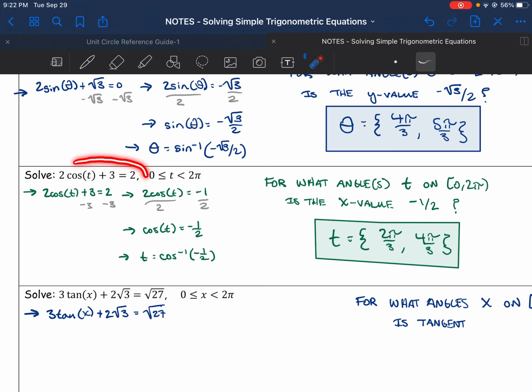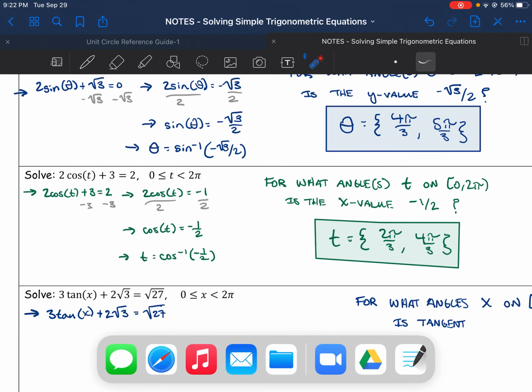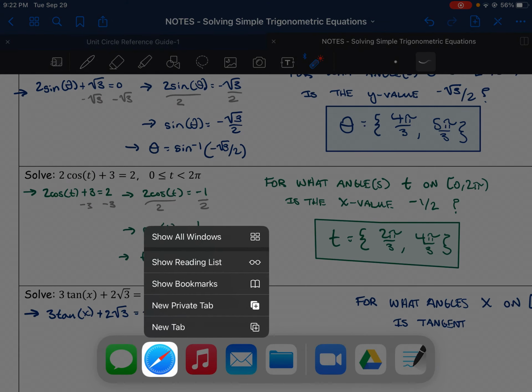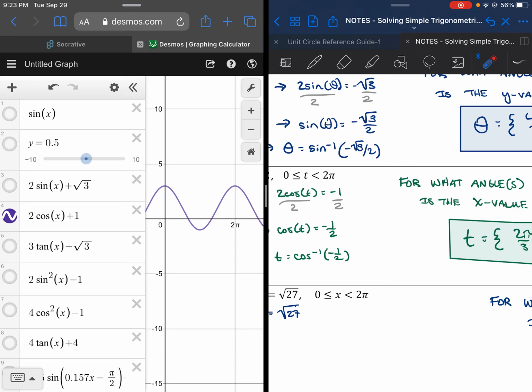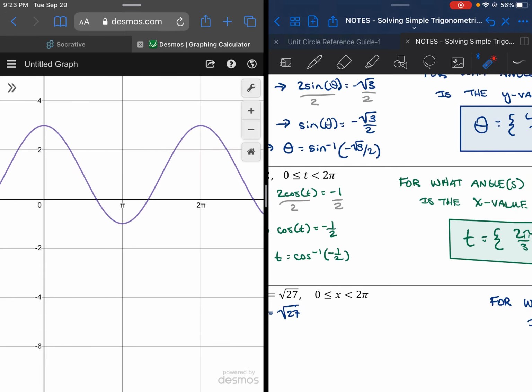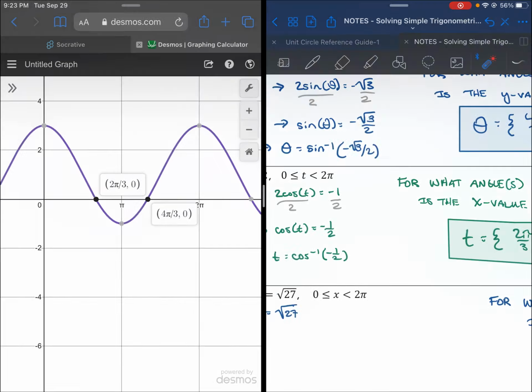When you enter an equation into Desmos, you want to make one side equal to 0. So all I did was subtract 2 from both sides, and that changed this into a plus 1. And that's what I'm putting into Desmos. Just a quick note there about how to use your graphing calculator. So 2 cosine of x plus 1, and we can see the solutions between 0 and 2 pi are 2 pi over 3 and 4 pi over 3.